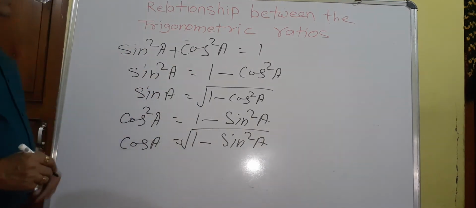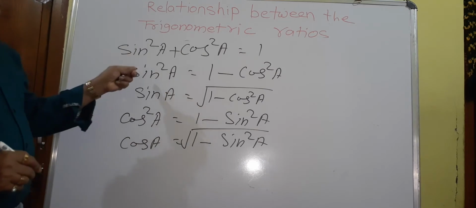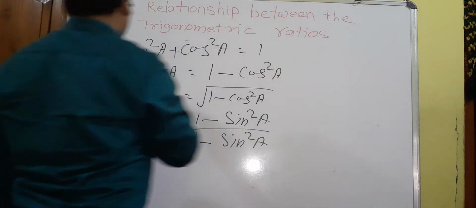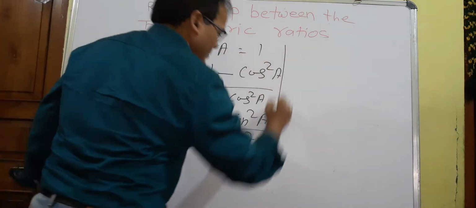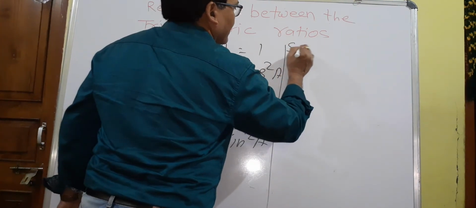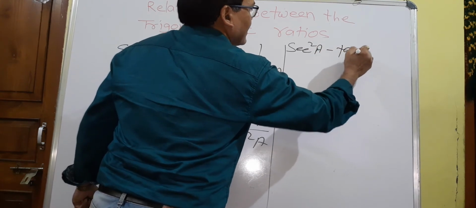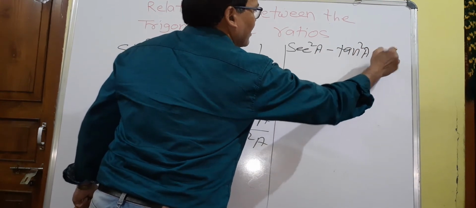Likewise, the second formula is sec square A minus tan square A is equal to 1. Here we can say that sec square A minus tan square A is equal to 1.